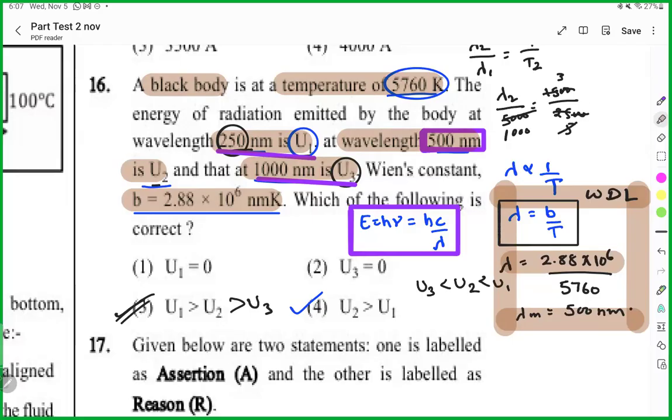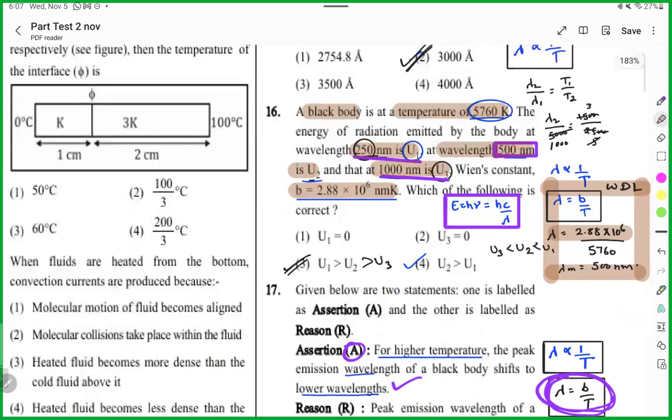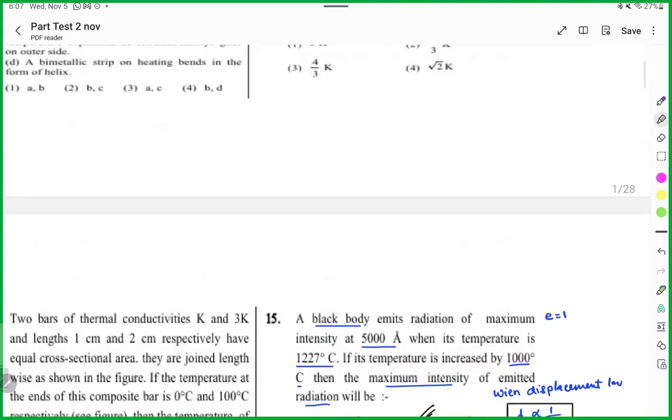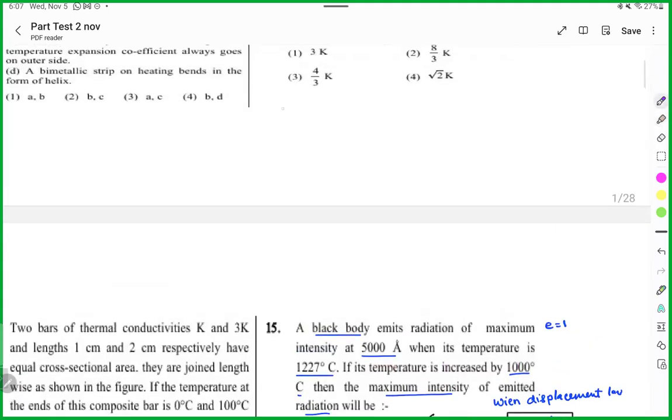He was saying, let me explain it here, that when you calculate wavelength lambda equal to b by T, at this wavelength there is maximum energy. When you take lambda and calculate this lambda value, at this lambda you will have maximum emitted energy. There will be maximum emission of energy at this wavelength.